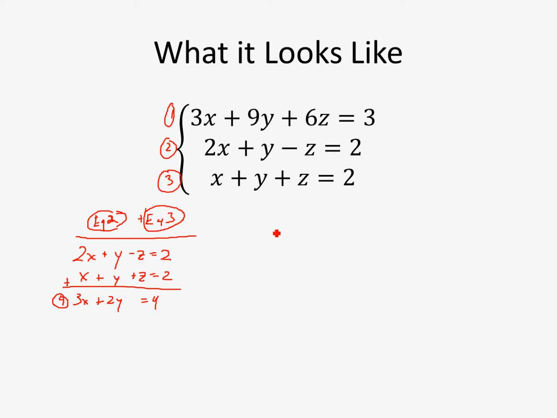So let's choose equation 1 and equation 2. Notice I'm going to have to multiply equation 2 by something to get this 6 to cancel.